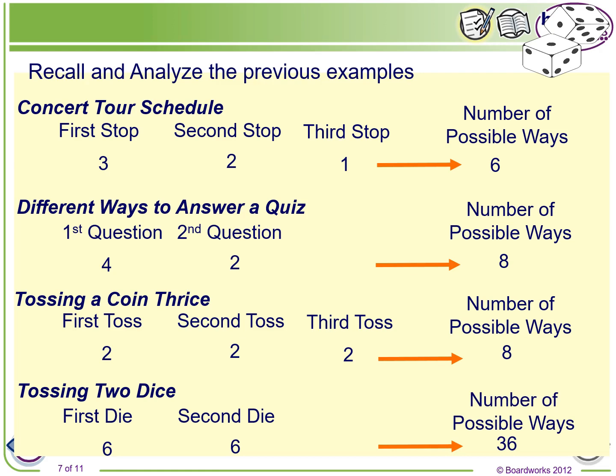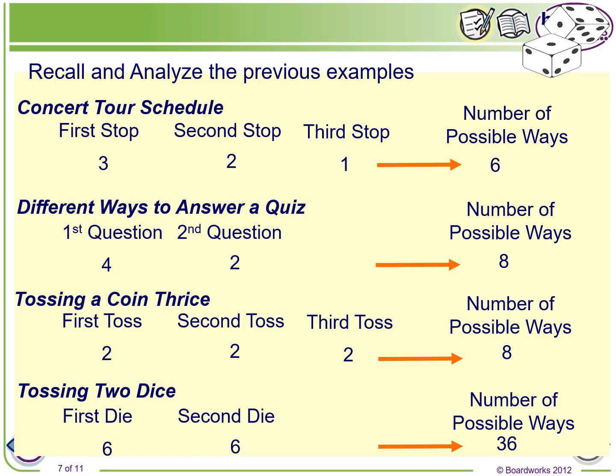Now, do you think we have another way of solving this kind of problem, aside from showing it in a tree diagram and table? Is there another way? Just try to check the answers here. In the concert tour schedule, why does it become 6 from 3, 2, and 1?